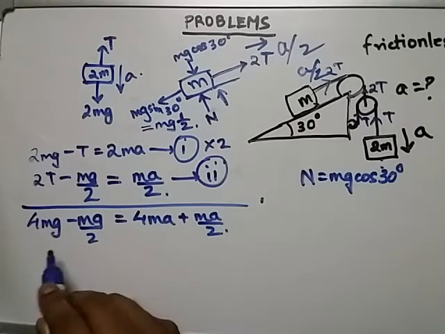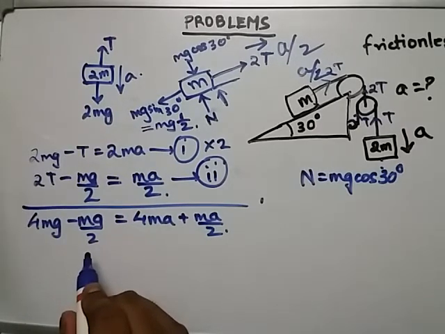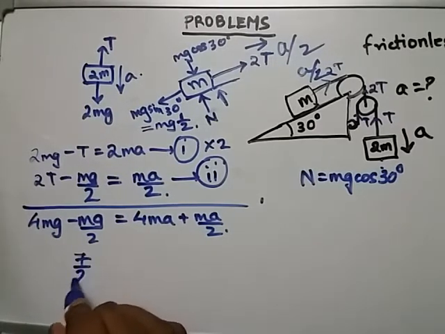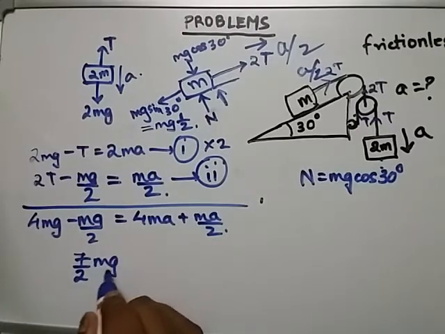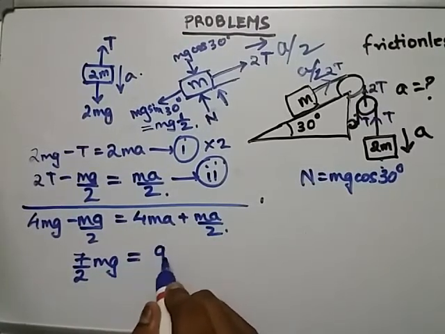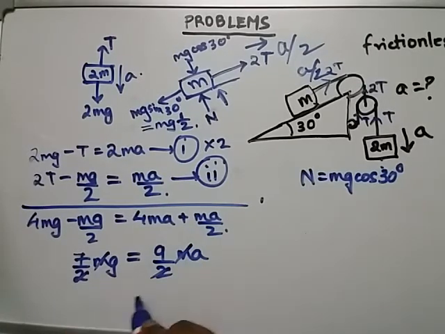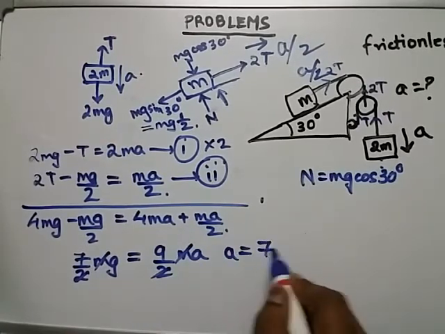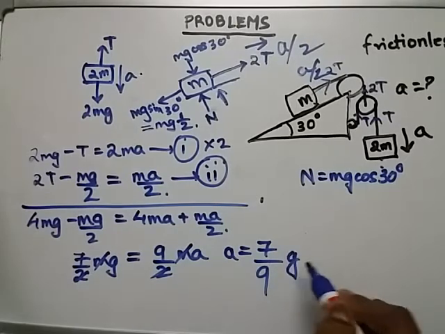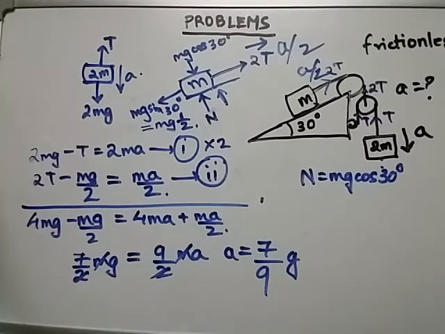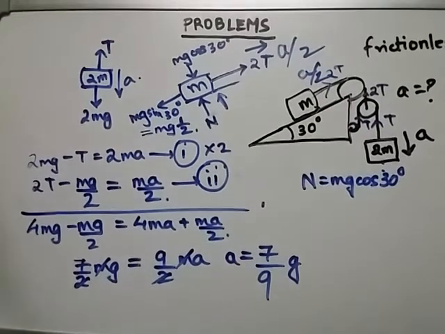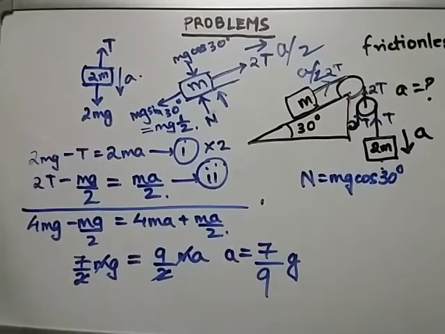So 4 minus half is 3.5, so 7 by 2 mg equals 9 by 2 ma. Hence acceleration equals 7 by 9 g. Fine. Now this is a very standard problem in mechanics, especially in kinematics. So let us see another problem of some different type.